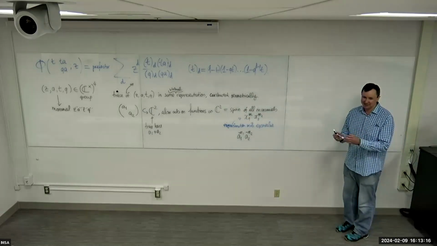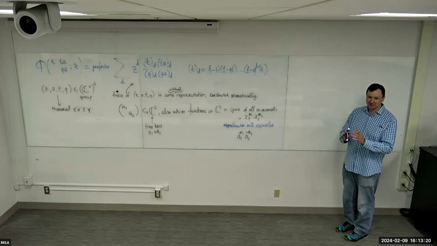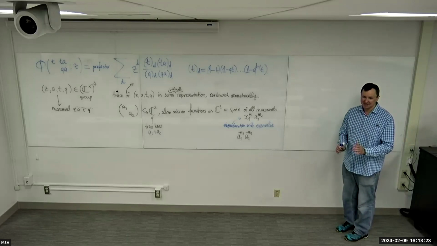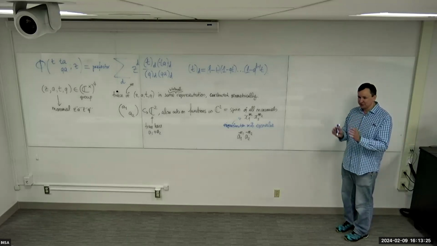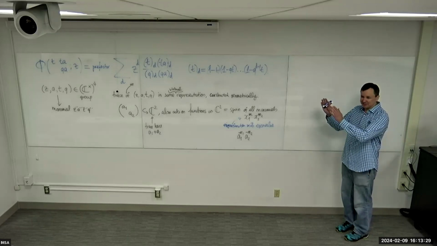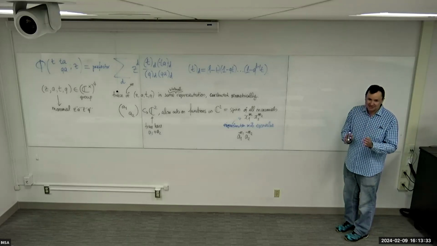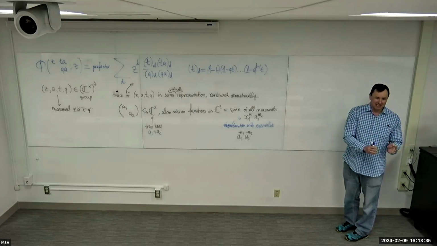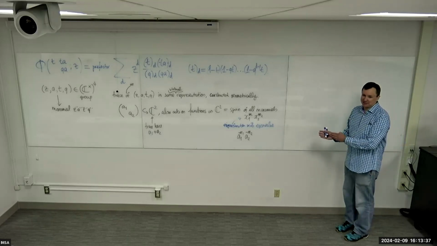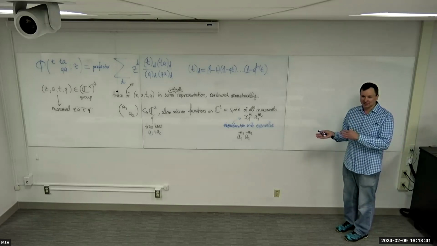I think I explained to students that in linear algebra they tell you that all vector spaces of given dimensions are isomorphic, which is maybe true in linear algebra, but in representation theory and other parts of mathematics, you should be really cognizant of the fact that the representation is not the same as the dual representation, and the vector bundle is not the same as the dual vector bundle.